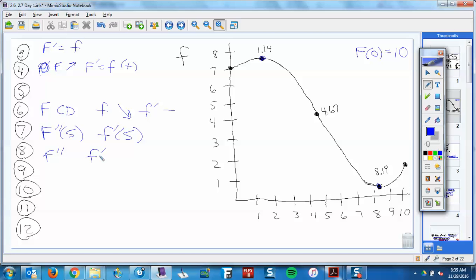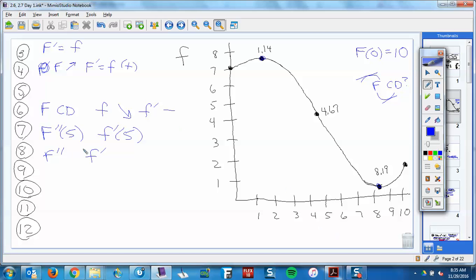Does a tangent line lie above the curve at 1? Well, now you've got to understand, when does a tangent line lie above the curve? When the curve is concave down. So this question, does the tangent line lie above the curve of big F, is like asking, is big F concave down?